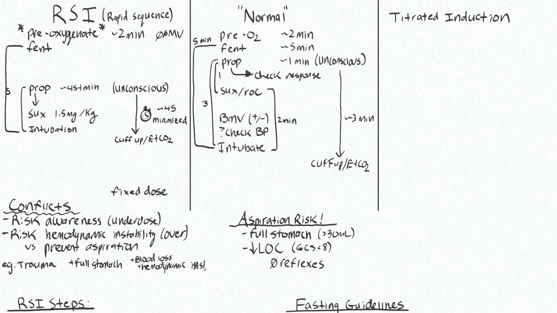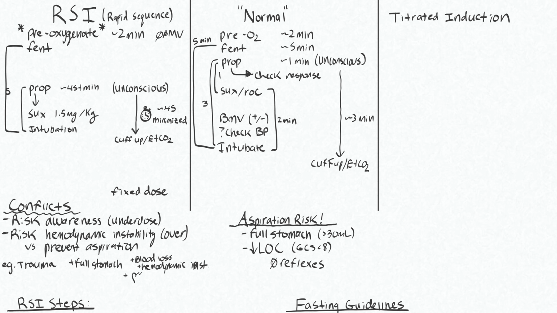And so we are worried in this patient that they may drop their blood pressure quite substantially in response to propofol. So this is a person we are certainly worried about the hemodynamic stability of, but we need to consider the fact that they may aspirate on induction before we have a secured airway.